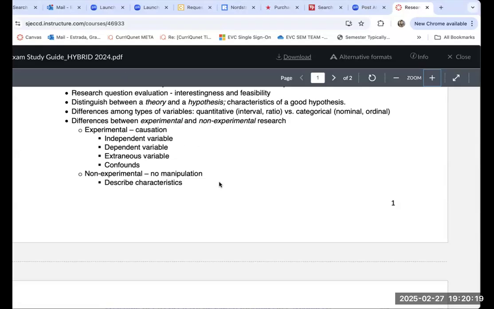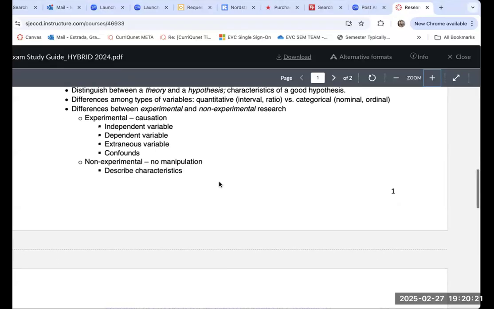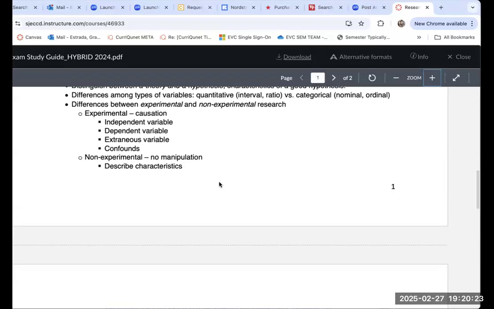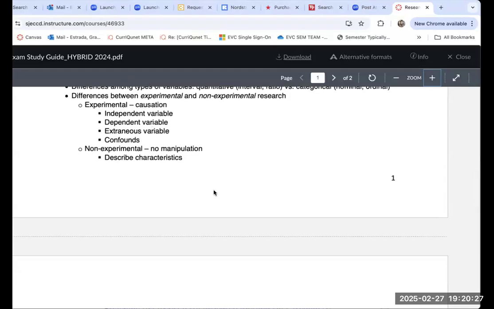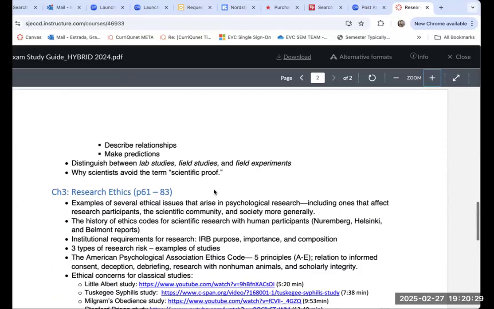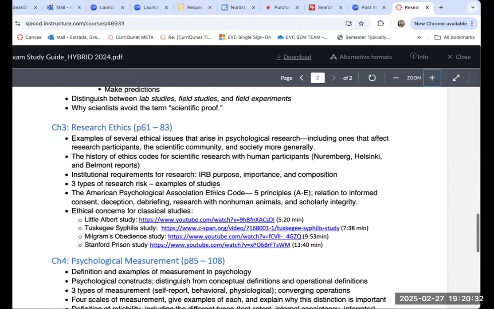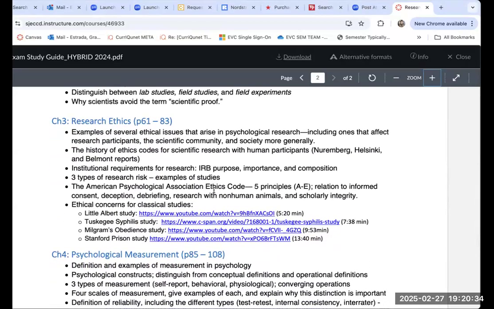We talked about the difference between a theory and a hypothesis. Went over the different types of variables. And we did experimental, non-experimental. So lab studies are obviously done in a laboratory. They have the highest internal validity, but low external validity because everything's so controlled.